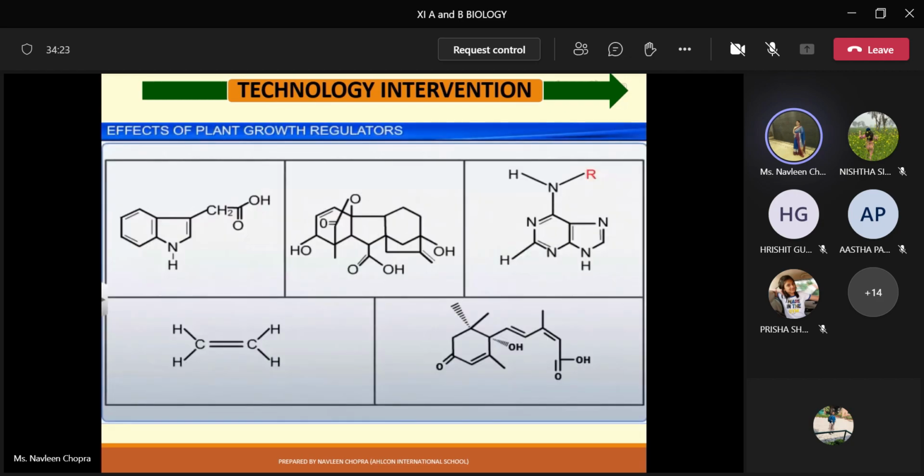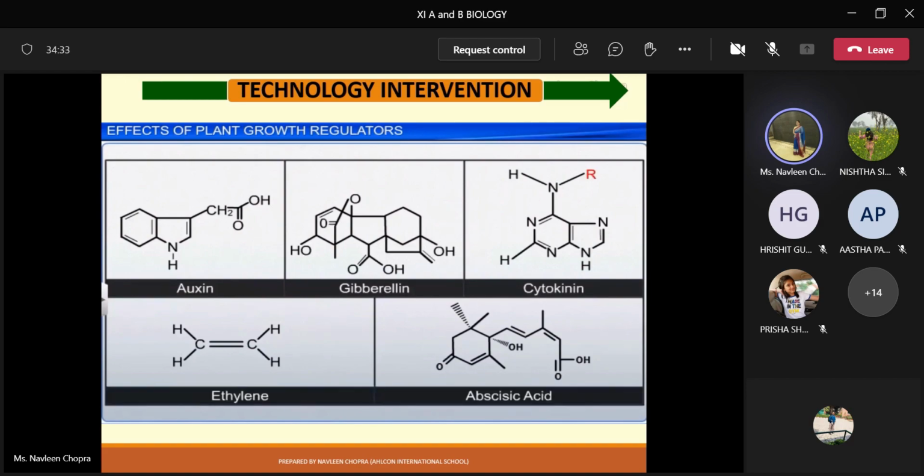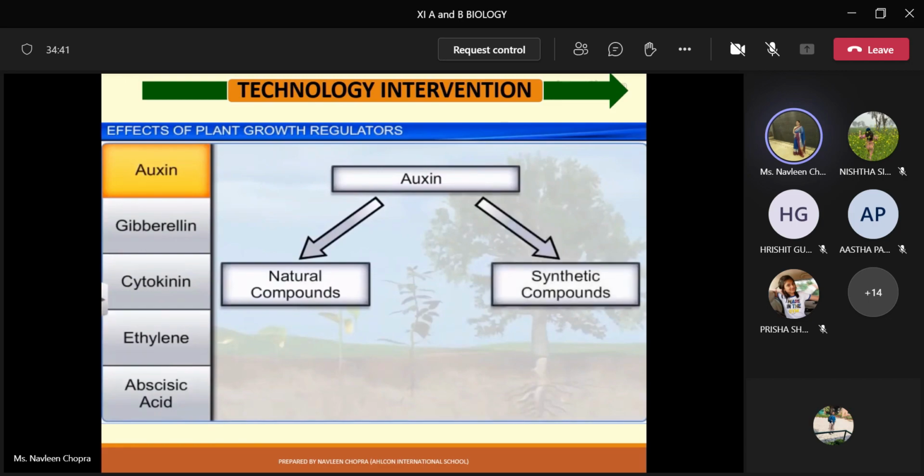Plant growth regulators, or PGRs, include auxin, gibberellin, cytokinin, ethylene, and abscisic acid. Auxin is the generic name for all natural and synthetic compounds with definite growth-regulating features.